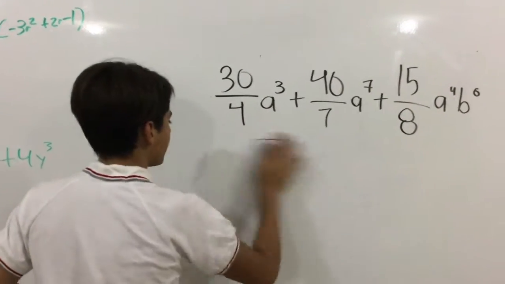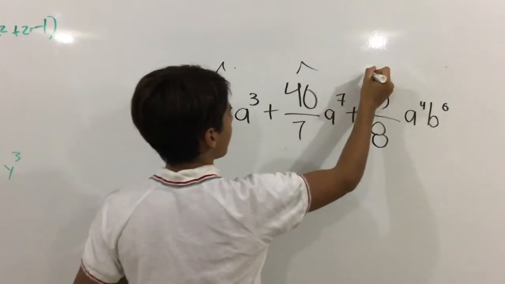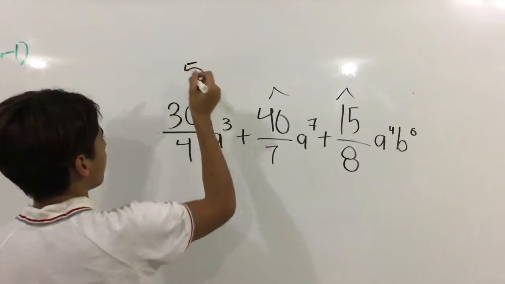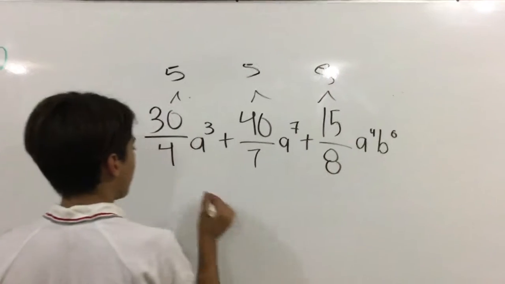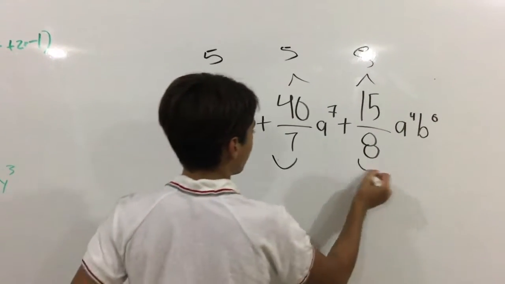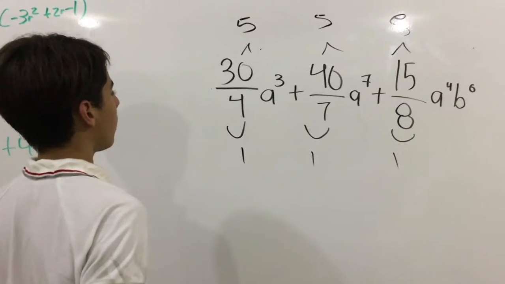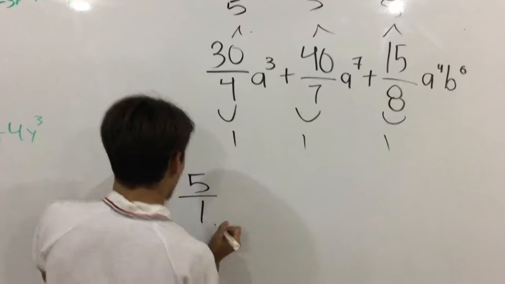From up, the common factor is 5. And from down, to be easy, it would be 1. So the fraction would be 5 and 1.